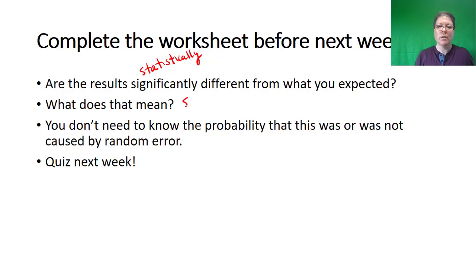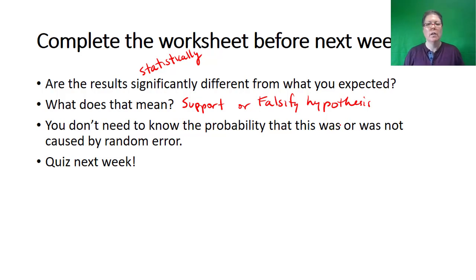Do we support or falsify the hypothesis? And then what it means if it does one or the other. And so you don't need to calculate the exact probability for whether this was caused by random error. You just need to know whether it supports or falsifies your hypothesis.